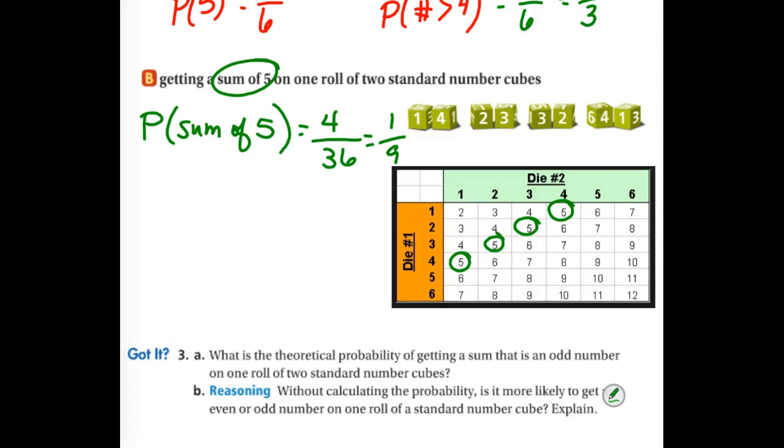What is the theoretical probability of getting a sum that is an odd number? Go ahead and figure out how many options you have that sums would be odd.